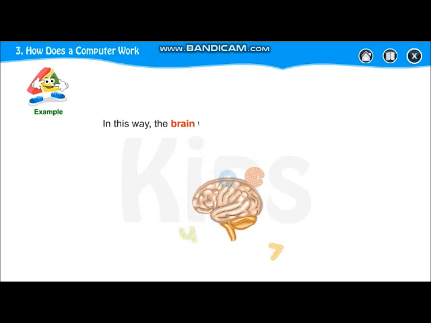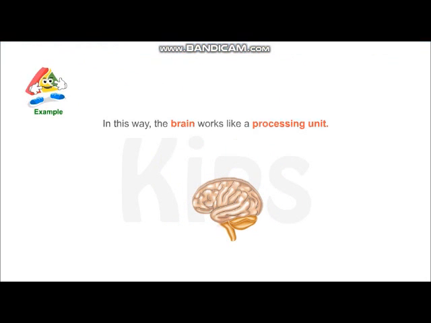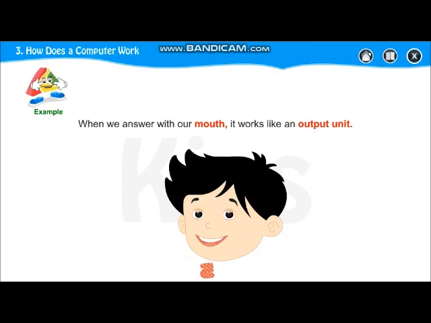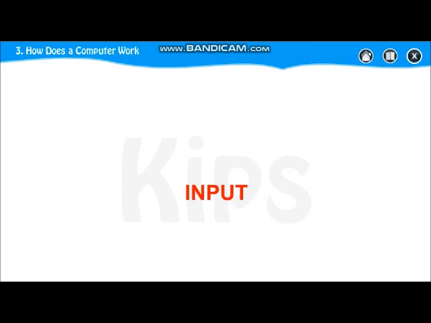Now you are going to speak with, yes, mouth. So that works as your output device. So in your body, ears and eyes are input devices. Brain is your processing and mouth is your output. Or if you are going to write the answer, so your handwriting is your output.